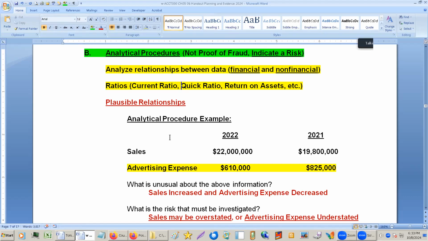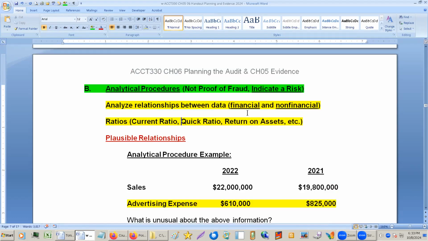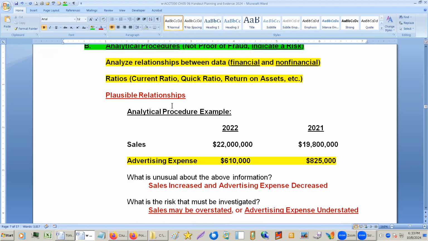Now, something like 95% of all frauds are caught through analytical procedures.